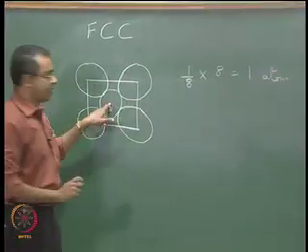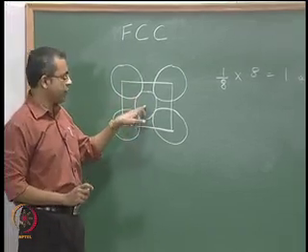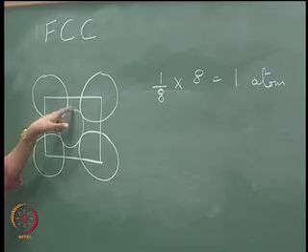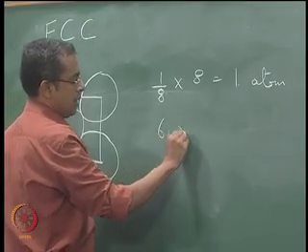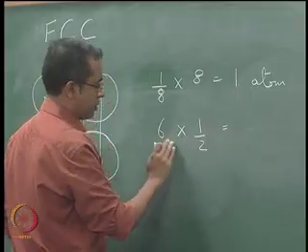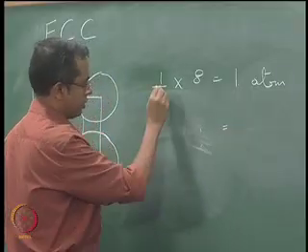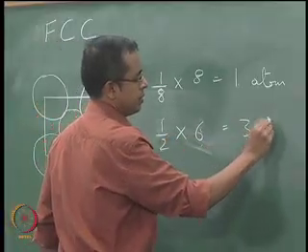And then the face centered atoms, each of them is shared by the adjacent neighbor, so half of this face centered atom belongs to this cube. There are 1, 2, 3, 4, 5 and 6 face centered atoms, so half into 6 equals 3 atoms.